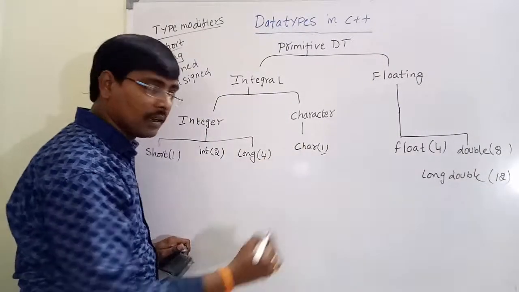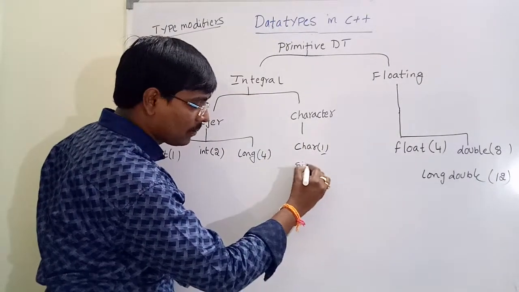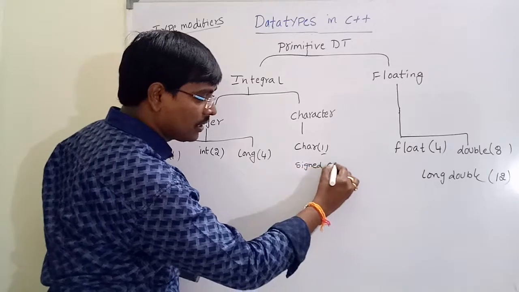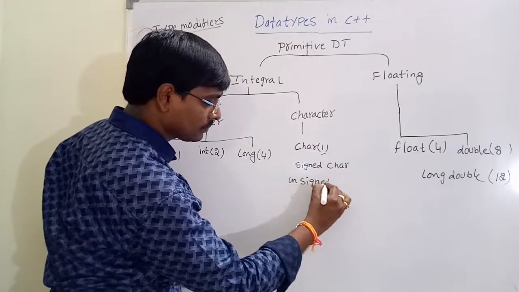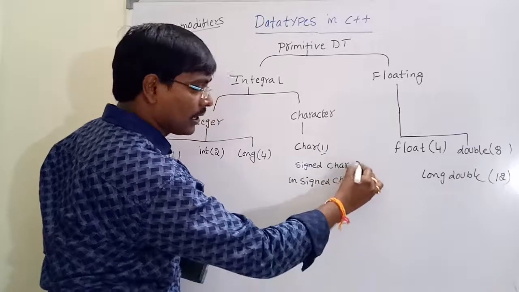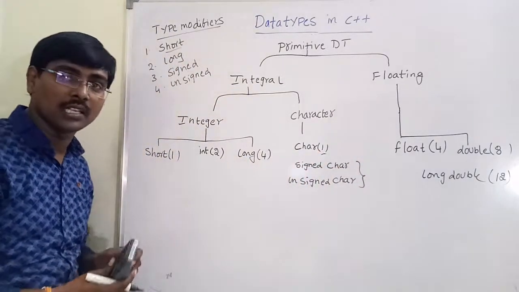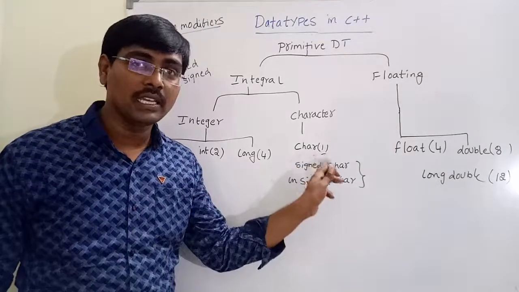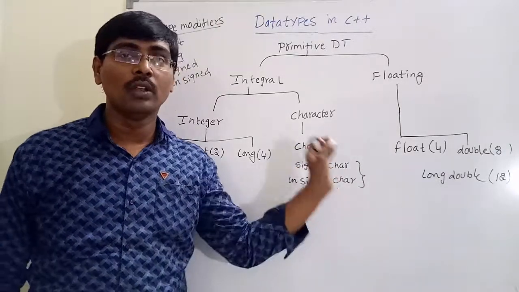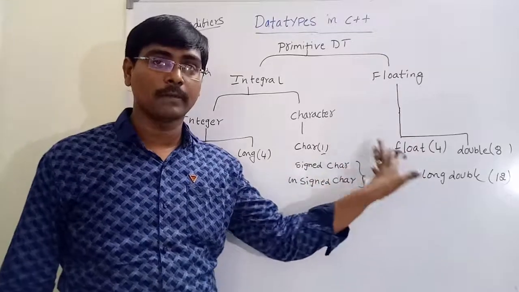For example, char. Before the char I am writing signed char or unsigned char. Remember, the size is same. The size of either signed or unsigned is always same. Only difference is in range.